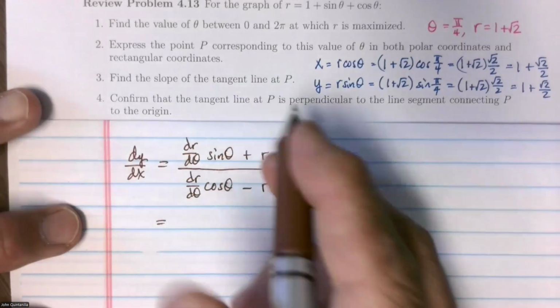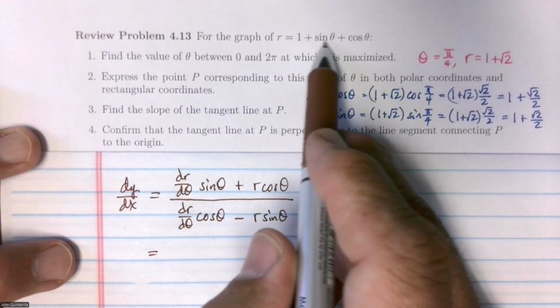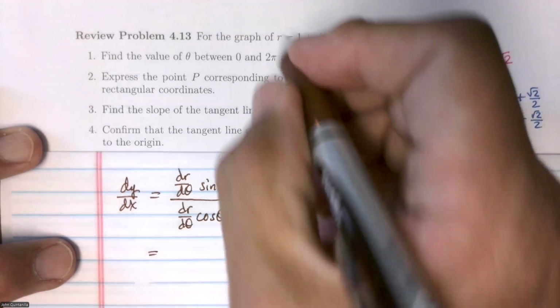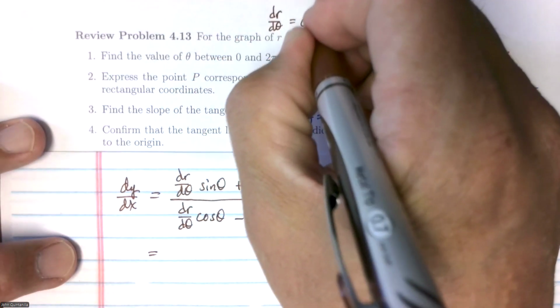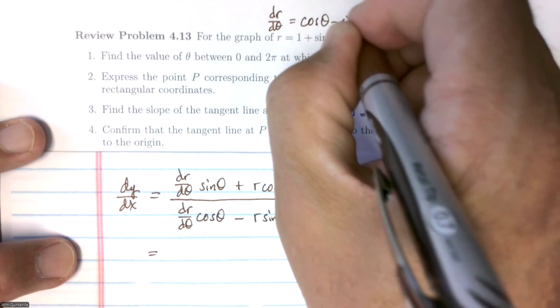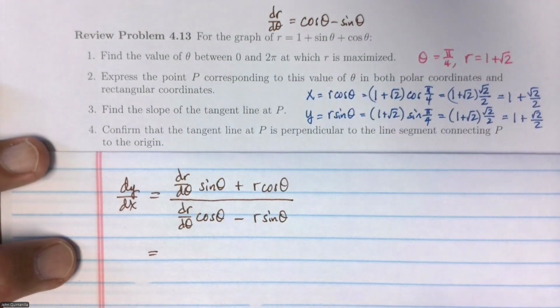Now in this problem, my r is equal to 1 plus sine θ plus cosine θ. And so that means that dr/dθ will be equal to cosine of θ minus sine of θ.